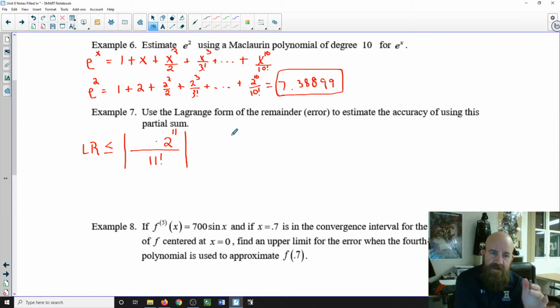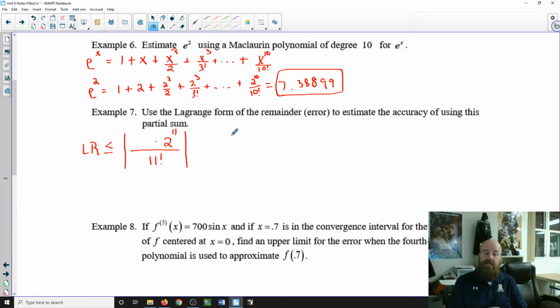The difference here is what we multiply the top by. We're going to multiply the top number by some maximum value for the function. For Maclaurin, our center is 0. If we go between 0 and what we're evaluating, 0 and 2, what's the maximum value of e to the x? Well, e to the x is exponential growth.